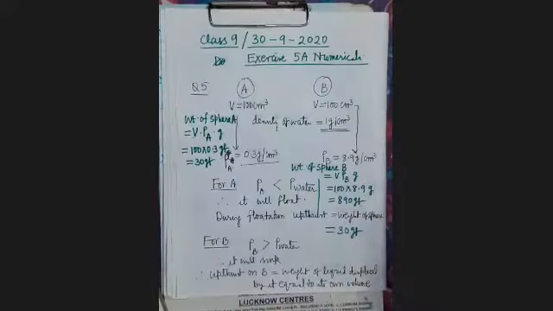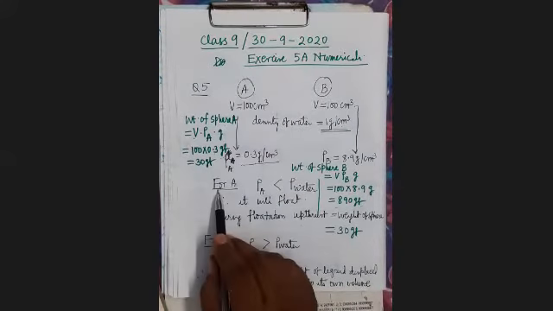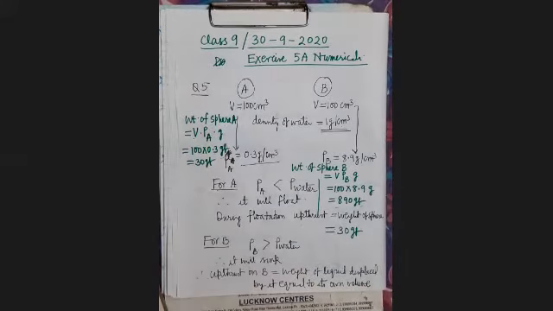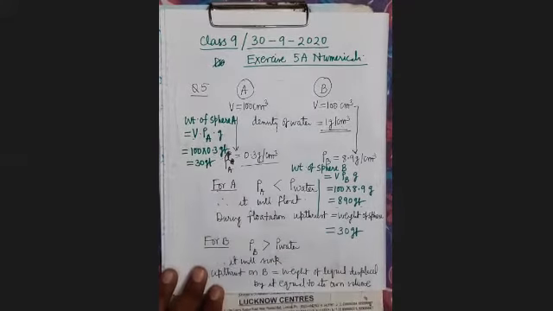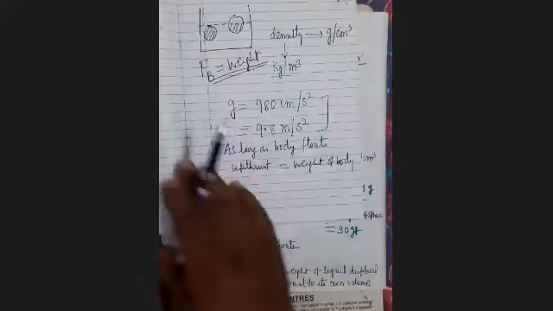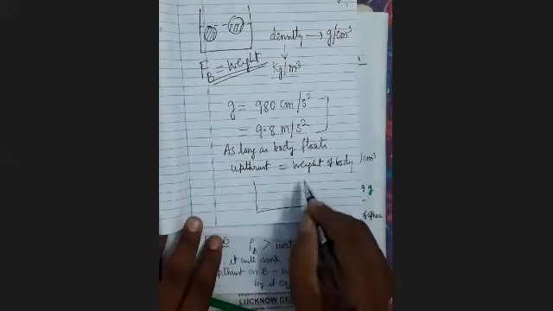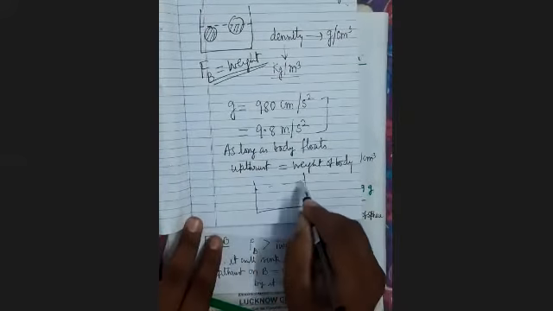Now see here. You have to find the upthrust on sphere A as well as on B. So first you see whether it is floating or whether it is sinking. Sinking means it has settled on the bottom.